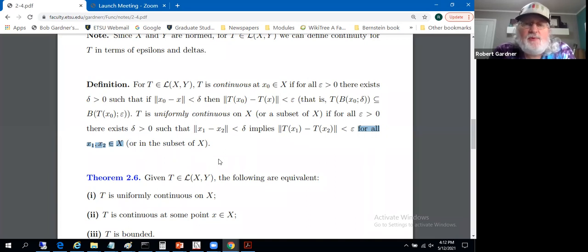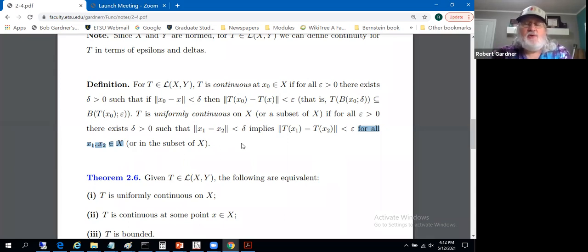But now the difference between uniform continuity and continuity: the continuity up here at point x sub 0 played a role, both in input values and output values. Uniform continuity, x1 and x2 could be anything, for all x1 and x2 in normed linear space X, provided they're within delta of each other in the norm sense.